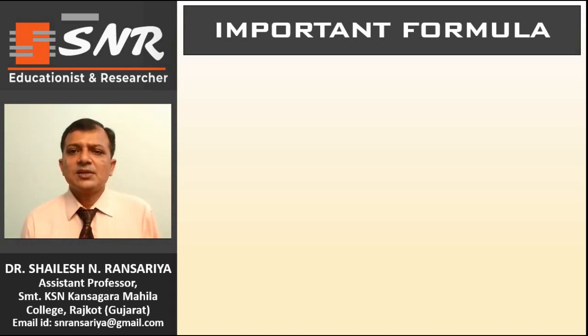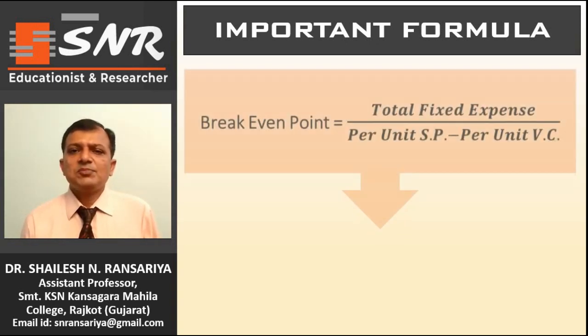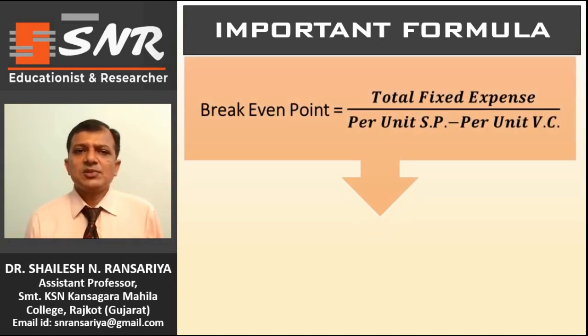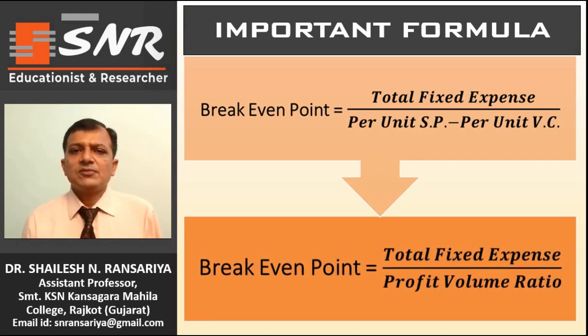After that, break even point. BEP is equal to total fixed expense divided by per unit selling price minus per unit variable cost, or we can calculate it with total fixed expenses divided by profit volume ratio.